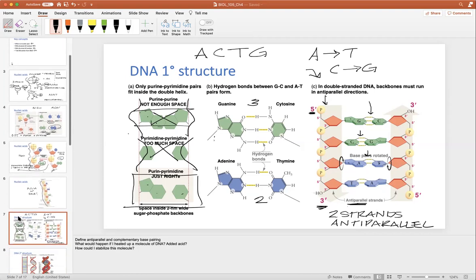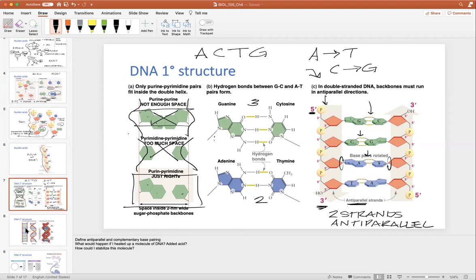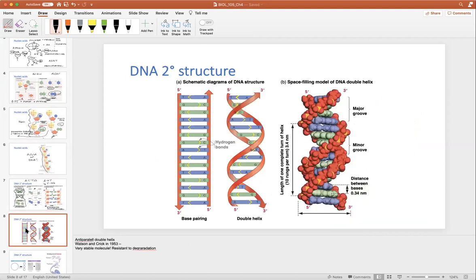All right, moving forward. So just like proteins, DNA has a primary structure, a secondary structure, and in another slide we'll talk about a tertiary structure, okay? So remember that with proteins, the primary structure was just the sequence of amino acids, right?